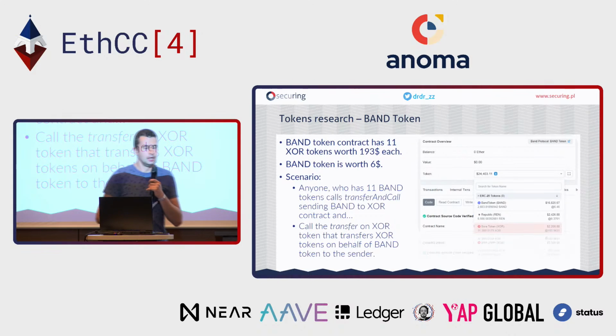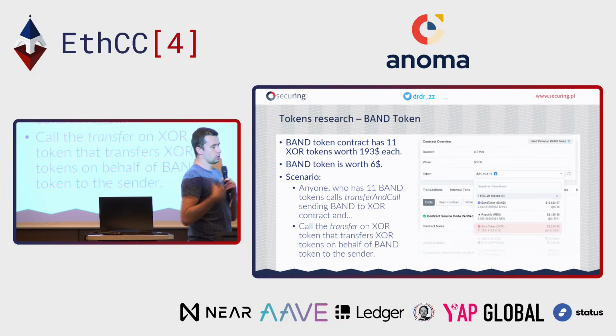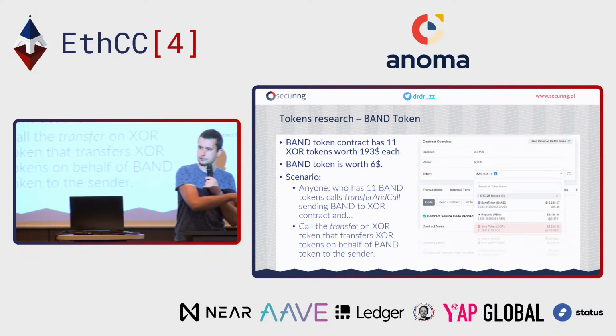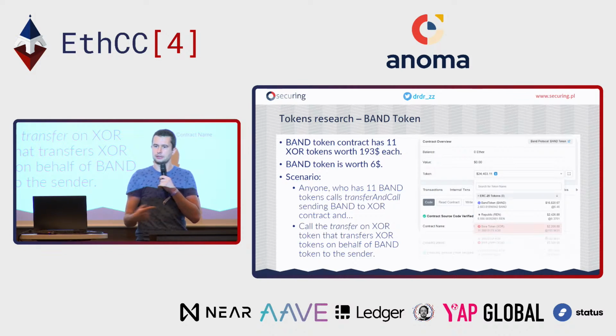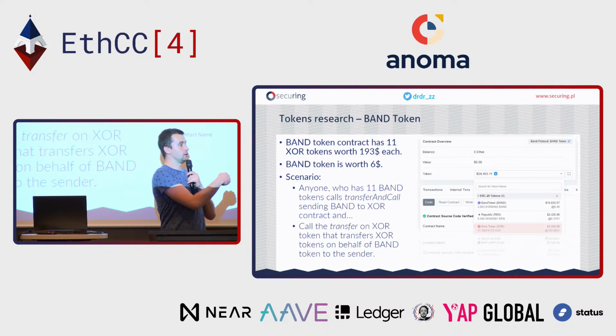But still, what you can do here is call the transferAndCall function to transfer about 11 Band tokens to the Sora token contract, and call, on behalf of Band token, the transfer function on Sora token to transfer these Sora tokens to you.